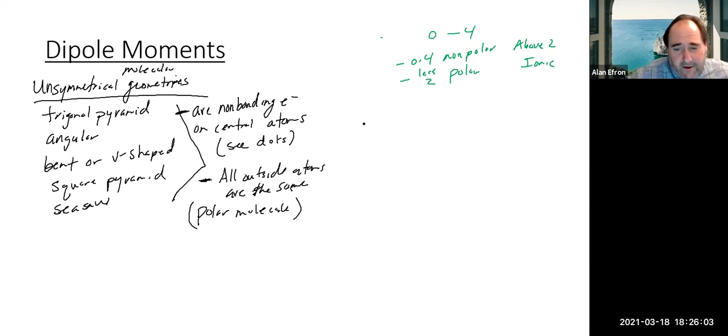Example of that is our guy we just did. That is water. I drew Lewis structure. I see dots. I see same. I see polar molecule.